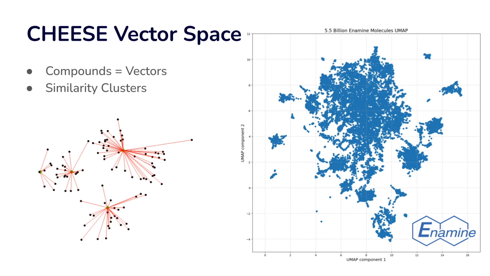For instance, here we have a 5.5 billion molecule database called Enamine, and we are visualizing a sample from it of those similarity clusters. Based on it, it's possible to search super fast or do virtual screening super fast, because you can just retrieve the nearest cluster and then search through the cluster to retrieve the nearest vectors.